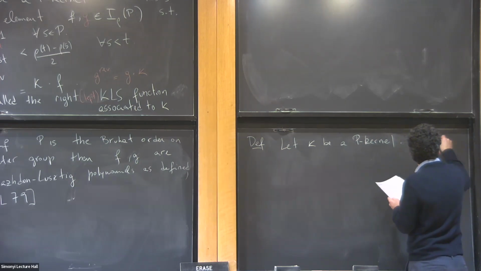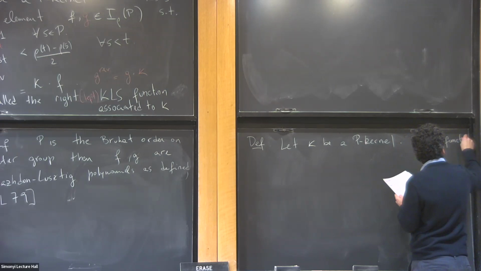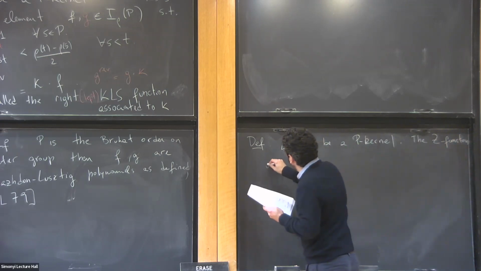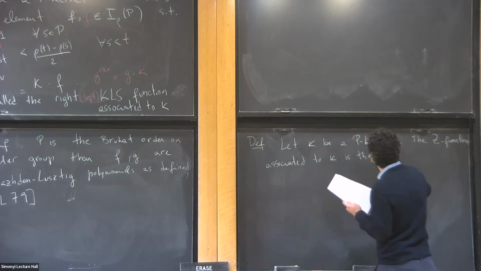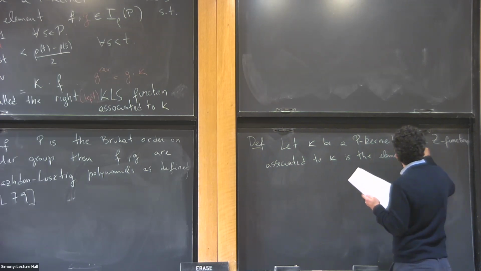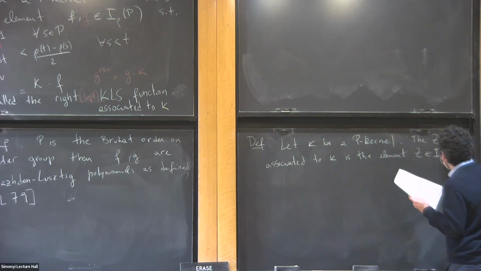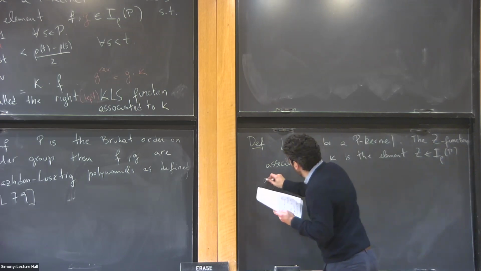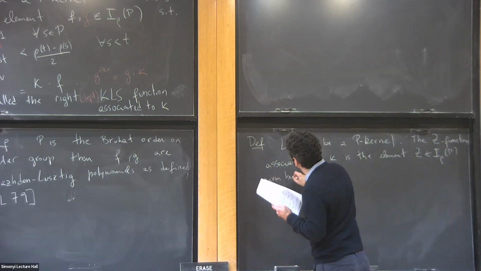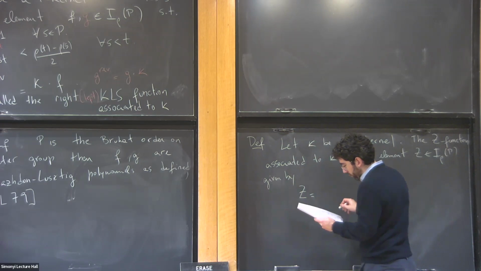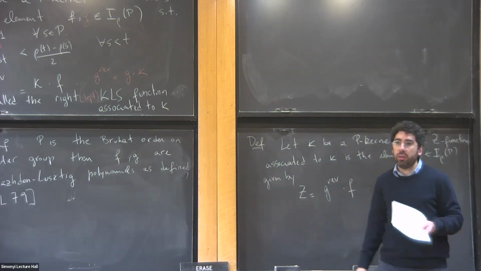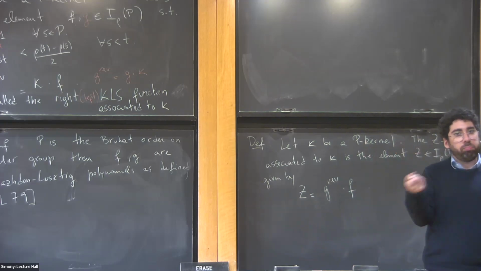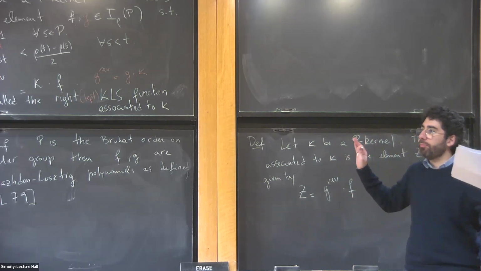The zeta function associated to kappa is the element theta in the incidence algebra of P given by theta equals G rev times F. So out of G and F, you do this operation and that's theta.